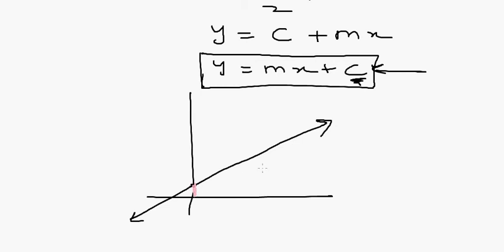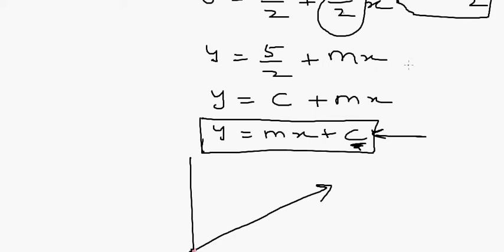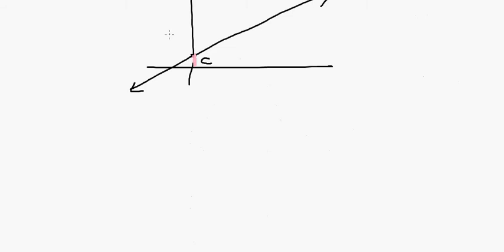This is the y-intercept, and that y-intercept is actually our c. So what's the value of c? The value of c is equal to 5 by 2, right? So this length is going to be 5 by 2. c is going to be 5 by 2.